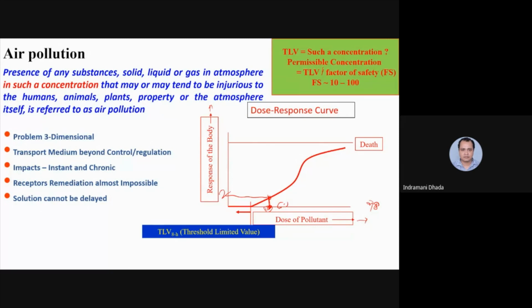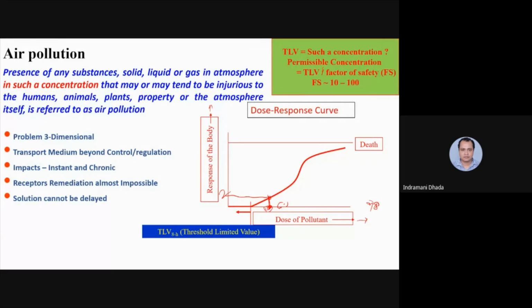Based on the weight, if the weight is more, then the standard concentration dose we have to increase, because the 6 ppm of this SOx is affecting a mice of 200 gram or 250 gram, whereas the 6 ppm may not affect a man of 70 kg. So the standard of this concentrated SOx for men should not be 6 ppm, it should be 60 or 50. That depends on the body weight factor.